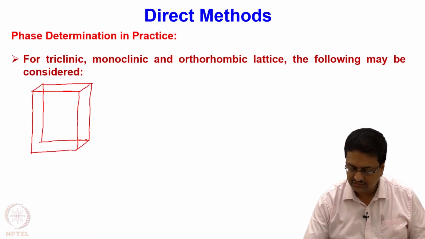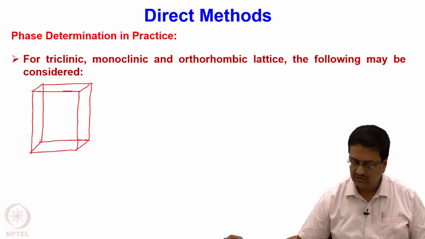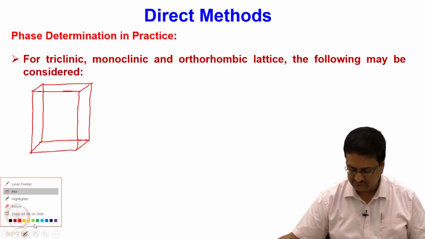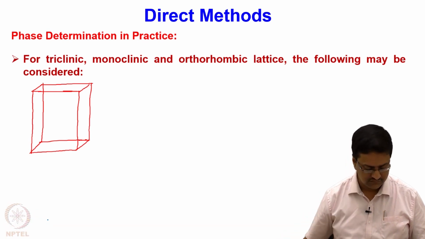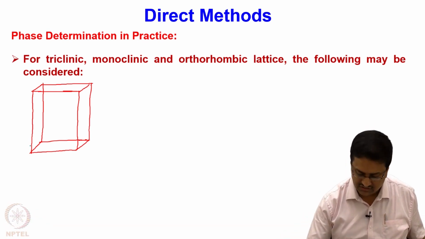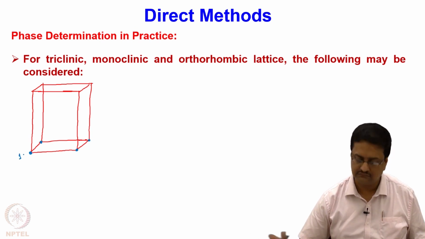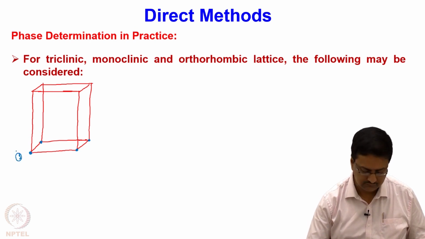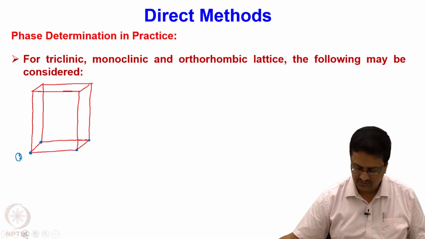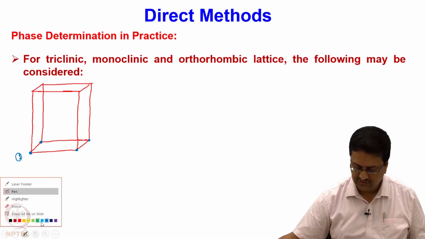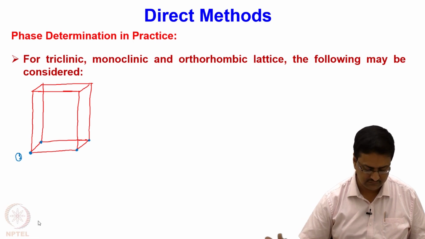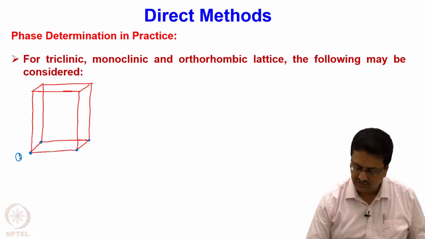So we need to identify those points with a certain number. The points which are the corner points are to be numbered as 1. The edge centers on one side are numbered as 2.